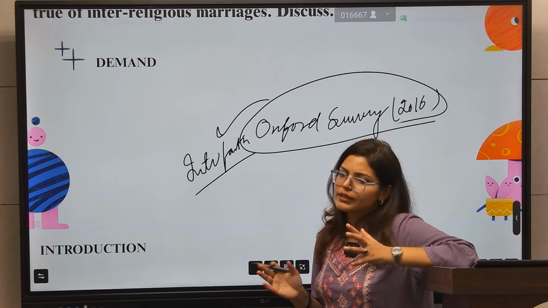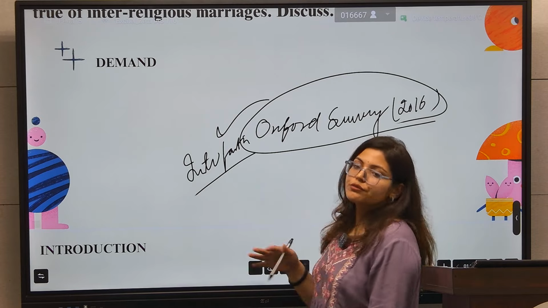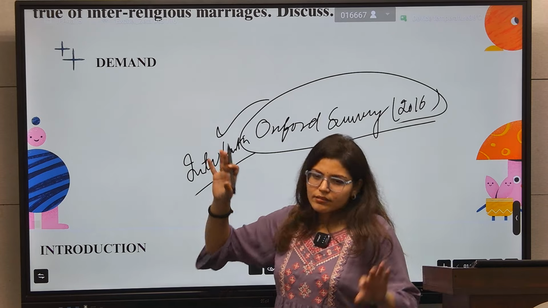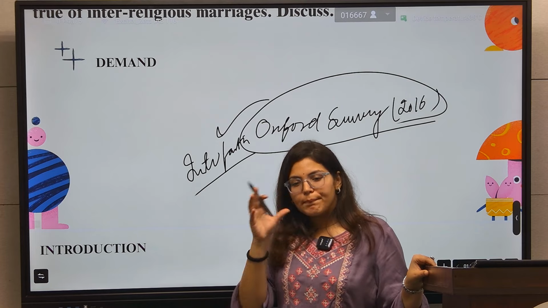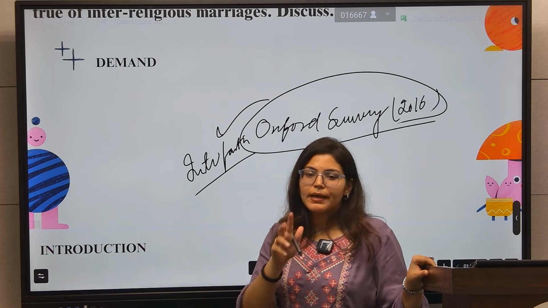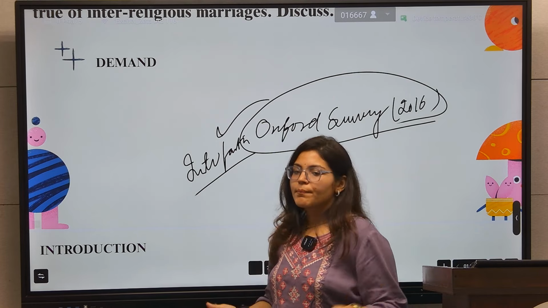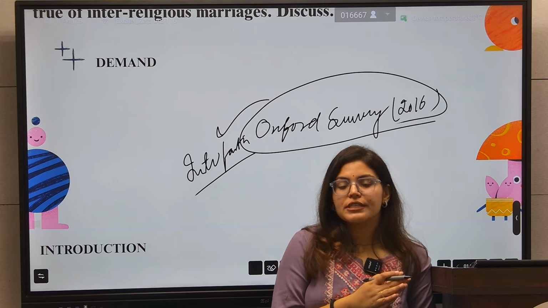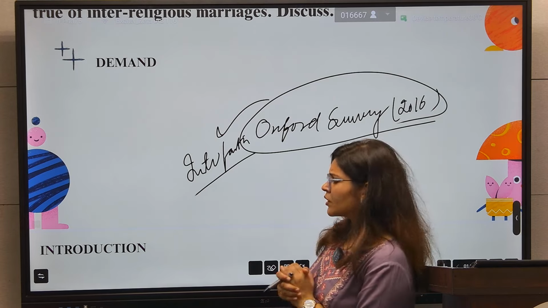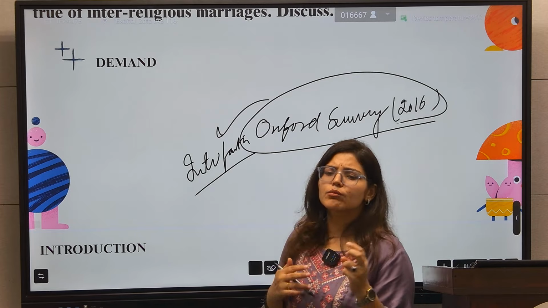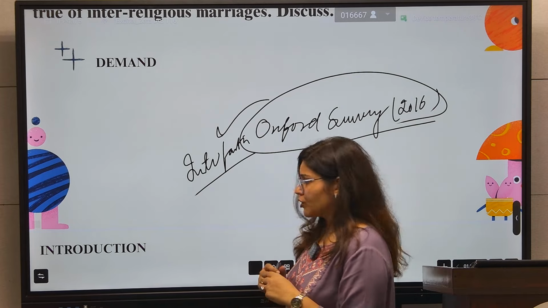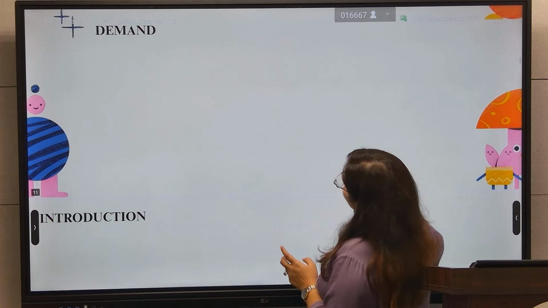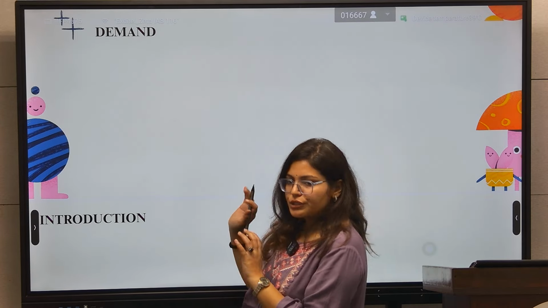So either use any data, or if you don't remember the data, start the question with marriages, showing that marriage is impacted by both caste and religion, but the nature of barrier and intensity of that influence differ in both. So in this way you have to interlink both caste and religion, and introduce your answer.